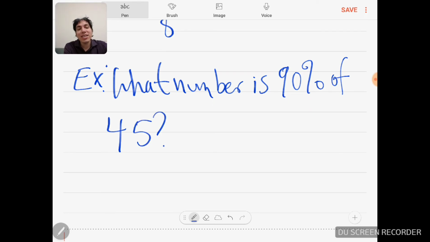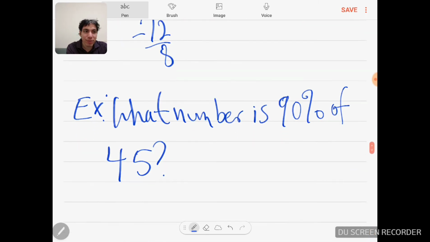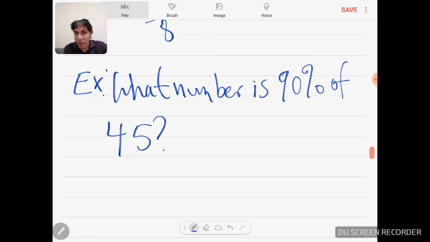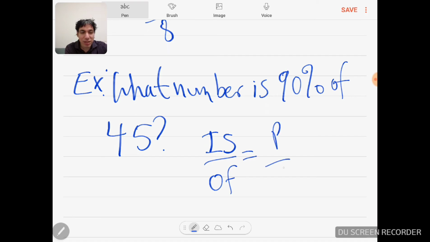Ideally, I like the amount over base equals percent over 100, but I don't really teach that way too much. I like this way better. This formula is very identical, but it makes more sense. You have the is over the of equals the percent over 100.